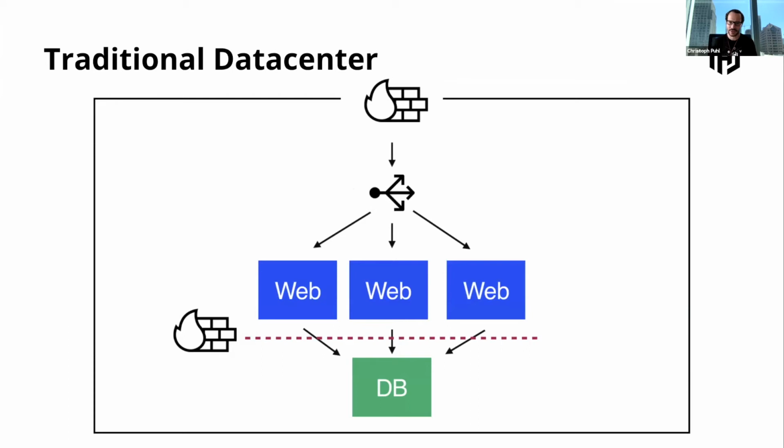When I started with networking roughly 15 years ago, this is what a traditional on-premise static environment looked like. You have a load balancer, which provides a virtual IP, which then points at the backend to an application tier. Potentially you have firewalls in place, and all of this is pretty much IP driven. In this example, you have these web instances, and they all have an IP address. You know that this IP address belongs to this box, and on top of this box, this application is running.